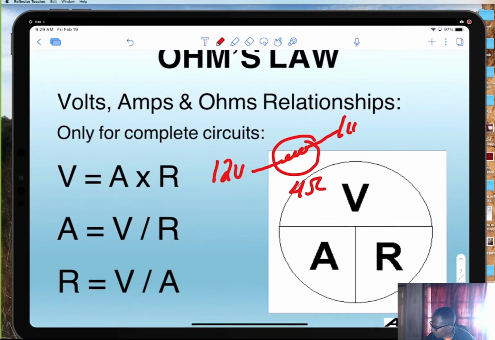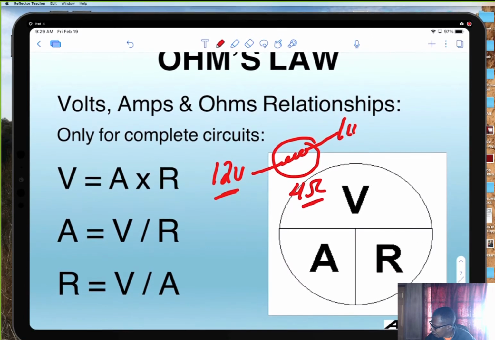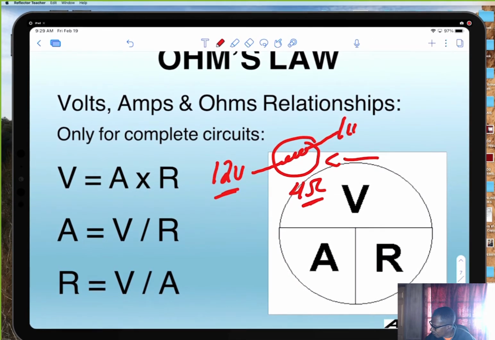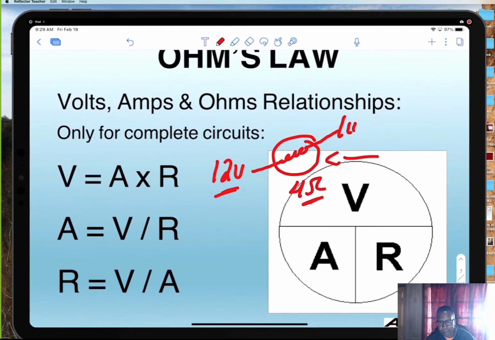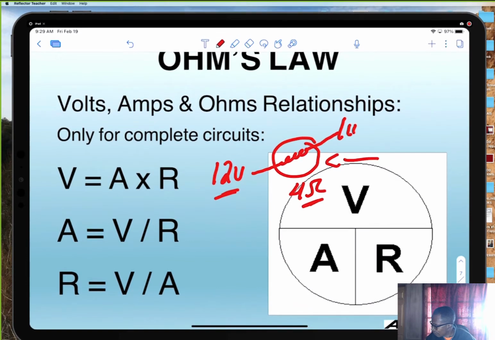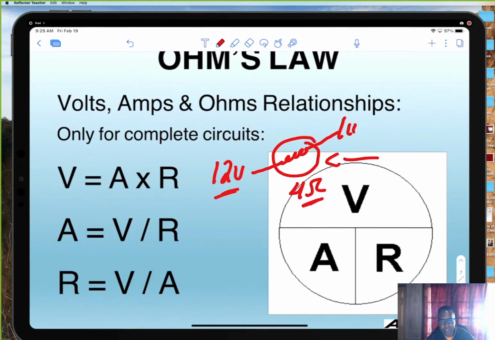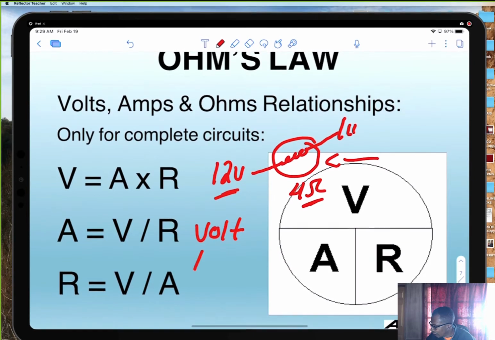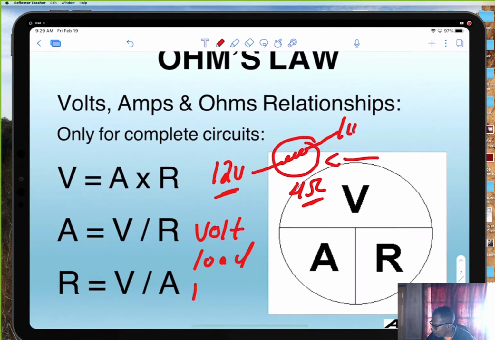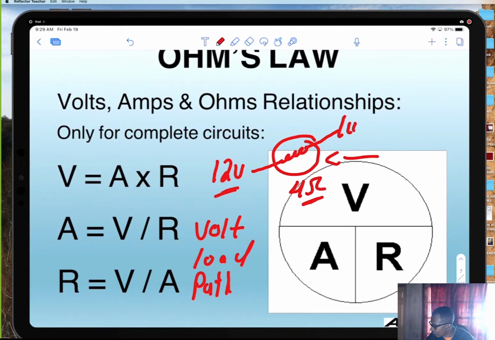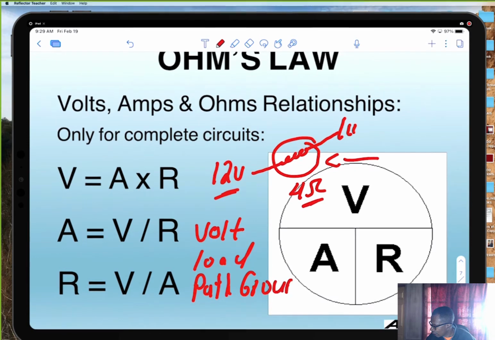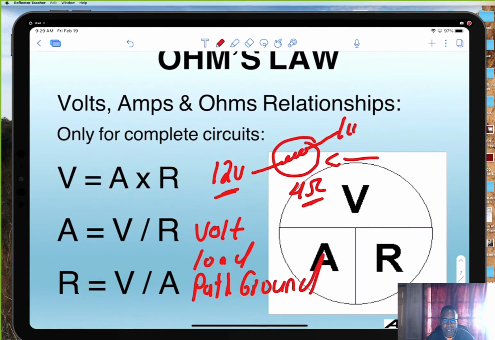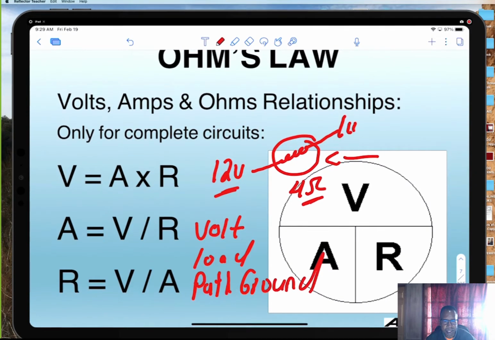I'm gonna have my 12 volts. That's my resistance on the load device, which is the light bulb. And I got a path to ground. Remember, to have a complete circuit, we need voltage, a load, and a path to ground.